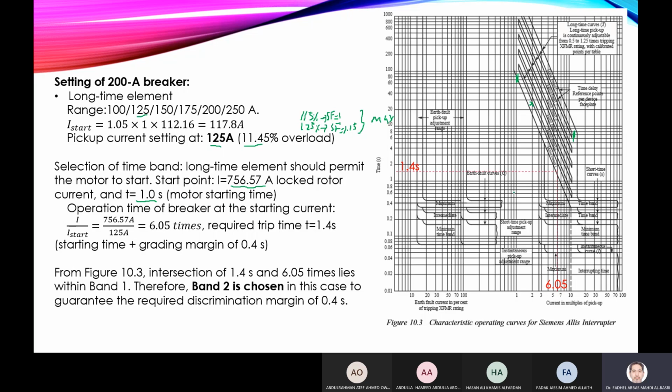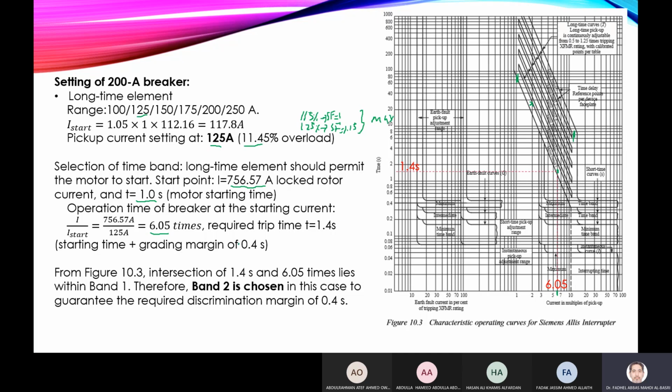So if you go to the curves here at 756, they represent how many times of this black setting multiplier. So the starting current by the pickup setting gives me 6 times. So I go to the 6 times, which is here, and I go up and see what is the time for the lowest band.